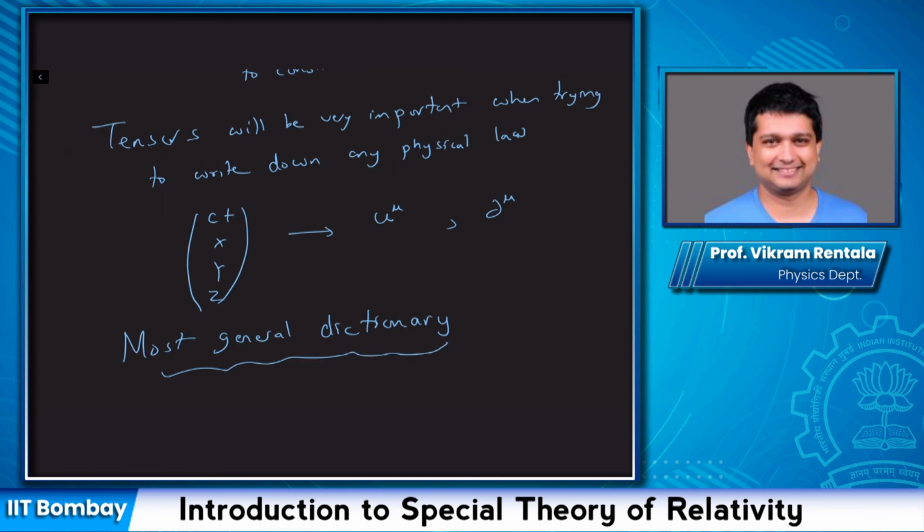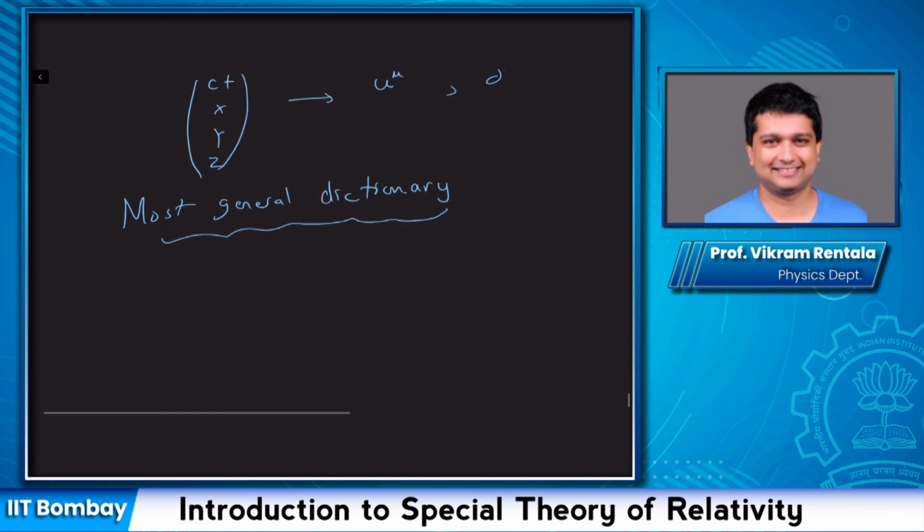And then we'll see in the next class that when we write down physical laws, when they're expressed as an equality, the quantity on the left hand side of the physical law and the right hand side of the physical law should both transform in the same way. That is, on the left hand side, if I have a particular tensor of rank m, the right hand side should also be a tensor of rank m.